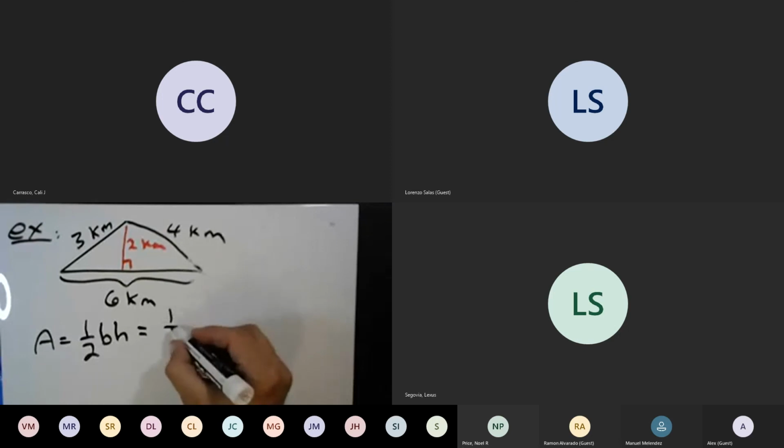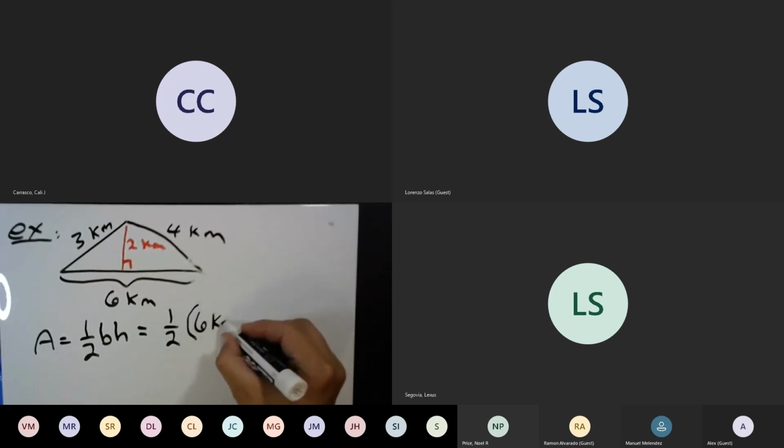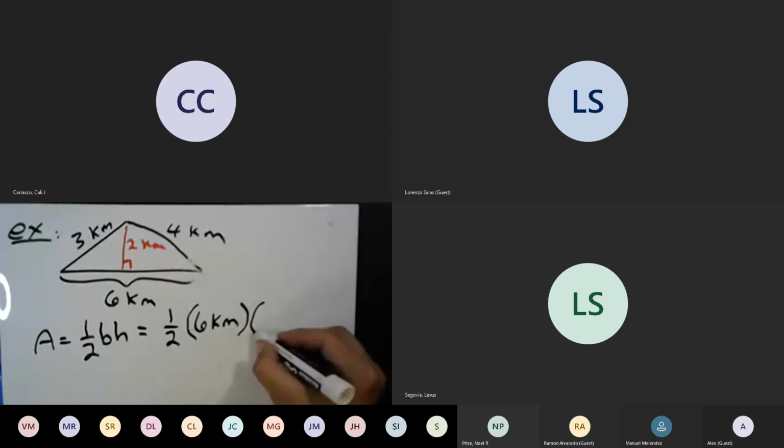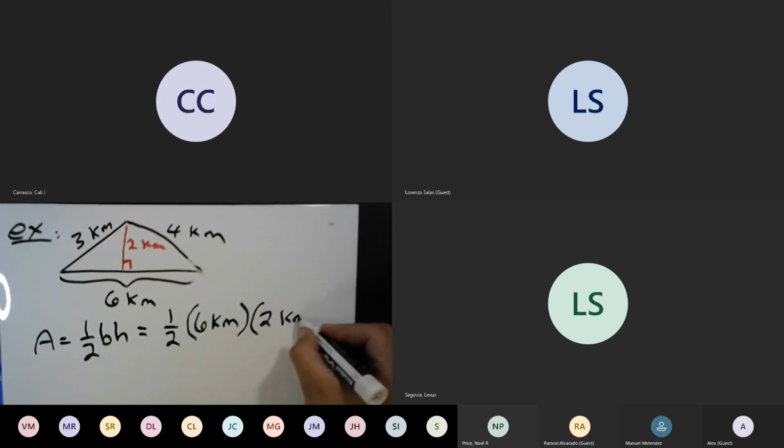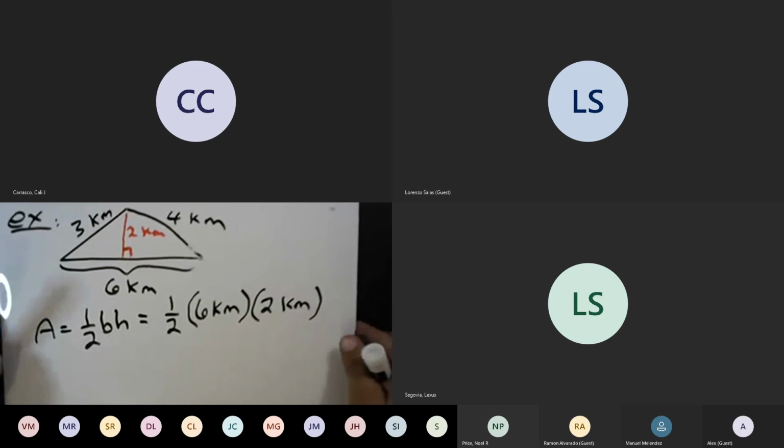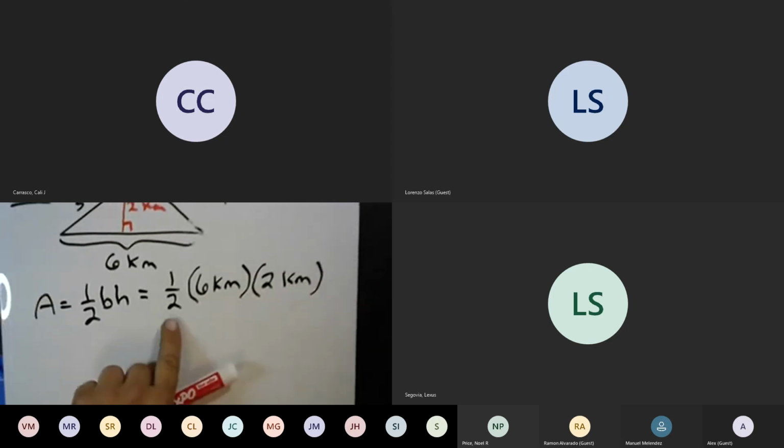Or 1/2, the base is 6 kilometers. And the height is 2 kilometers. So as we do these calculations, 1/2 times 6 is 3, or half of 6 is 3. And 3 times 2, well, that's 6.